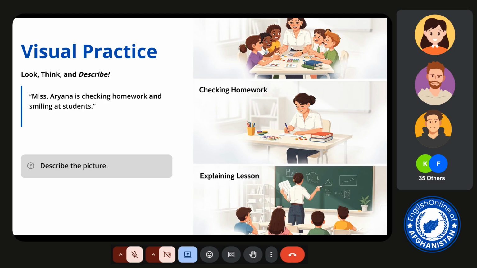Hello. And here we have three pictures. The first picture is he has 5 students, and she has 5 students. She checks his homework, the student, and the second picture is also Miss. He checks homework, and also in here a lot of things like books, like table, and like pen.